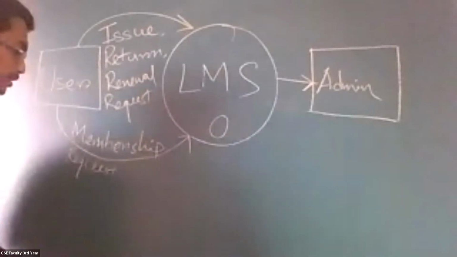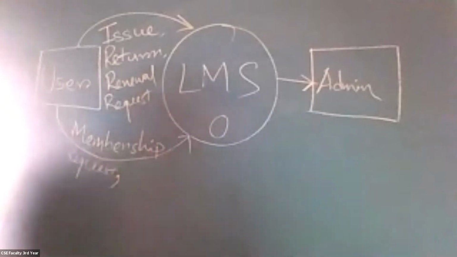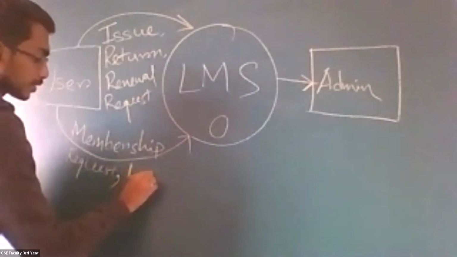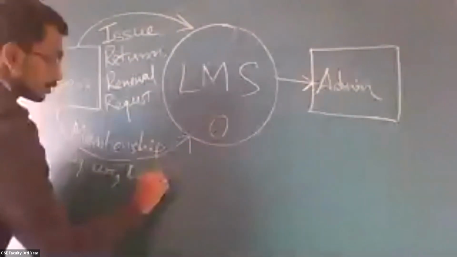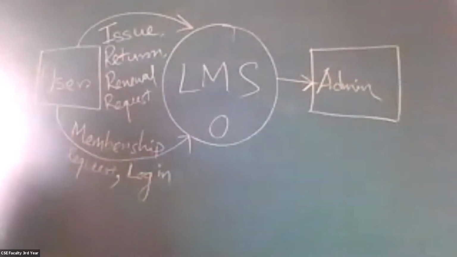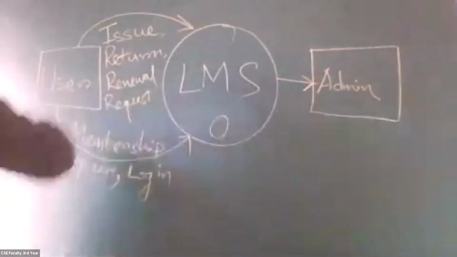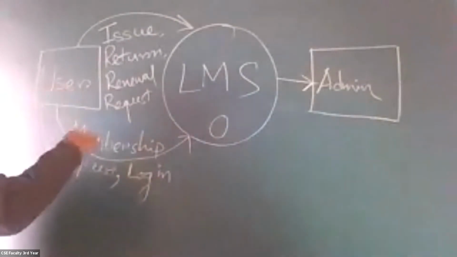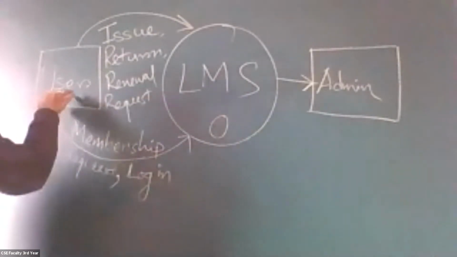And after taking membership, when he is a regular user, another term will be there, login request. So these two types of data flow for user for library management system.